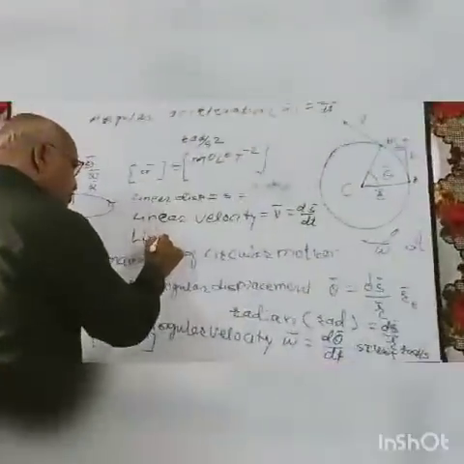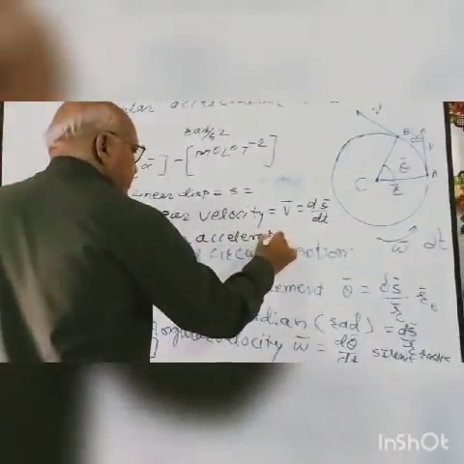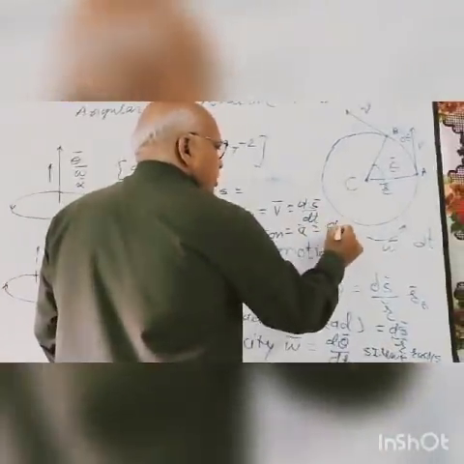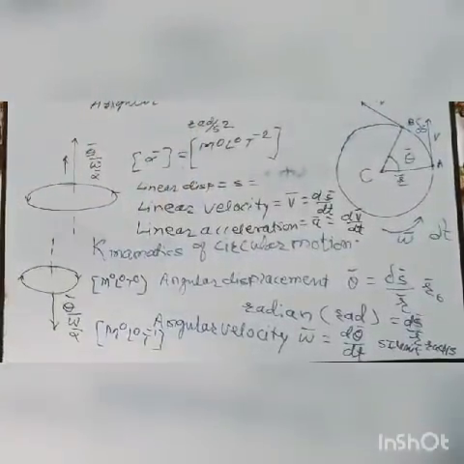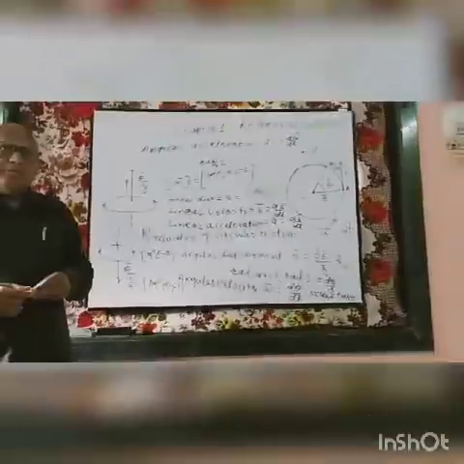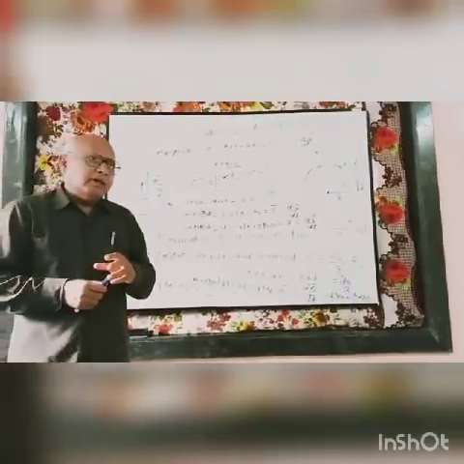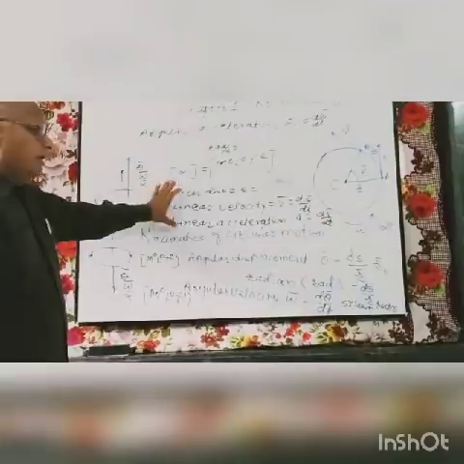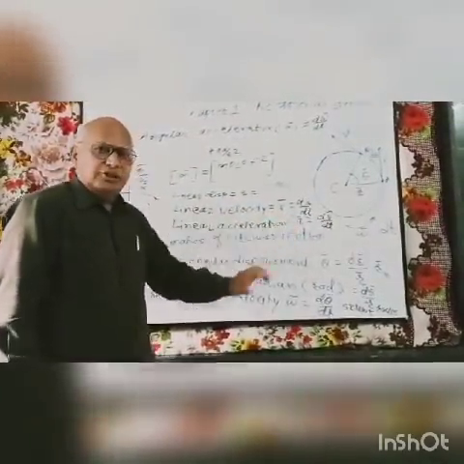Linear acceleration is the rate of change of linear velocity with respect to time. Now in this case also, these quantities have the same direction. But one thing let me tell you: when the particle is performing linear motion, there is linear displacement, linear velocity, and linear acceleration.